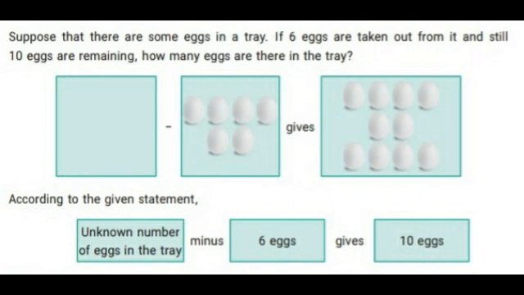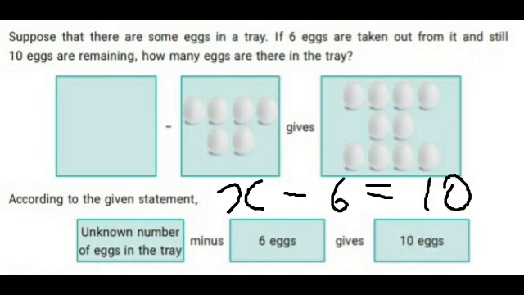And how many eggs were taken away? 6 eggs. It gives how many eggs? 10 eggs, which means equal to 10 eggs. We can write the unknown term as x.